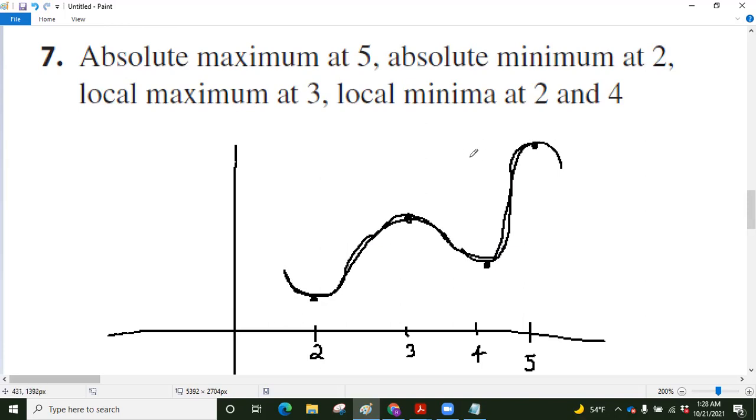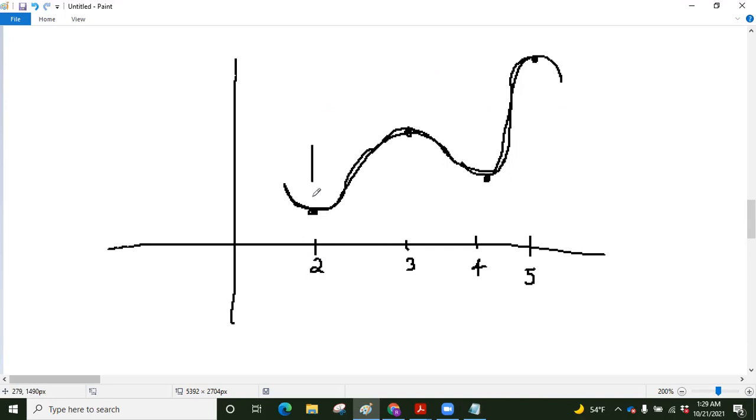You can see that you have an absolute maximum at 5, an absolute minimum at 2, right? And then a local maximum here at 3 and a local minimum at 4. So when it says local minimum at 2, we're just leveraging the fact that this is an absolute minimum here.